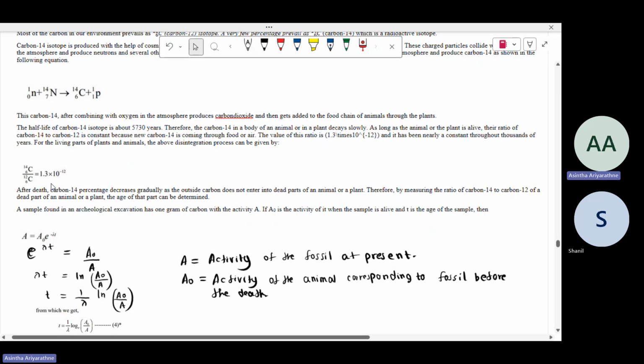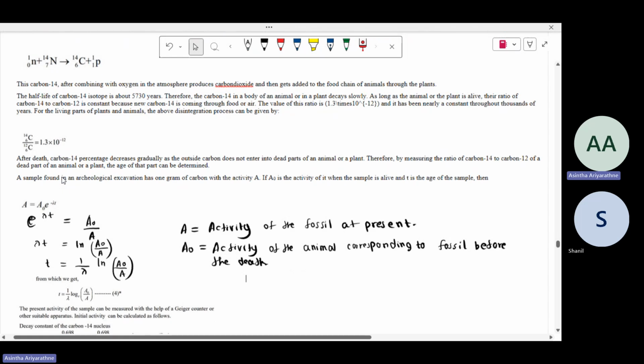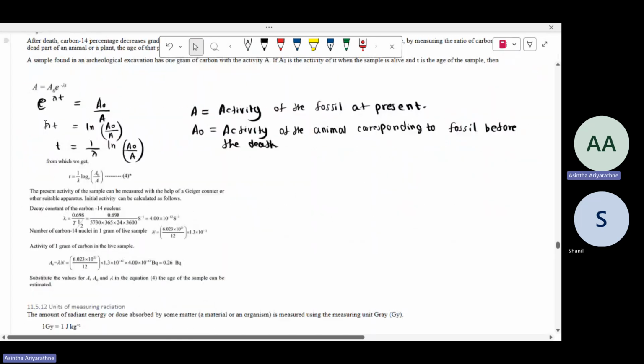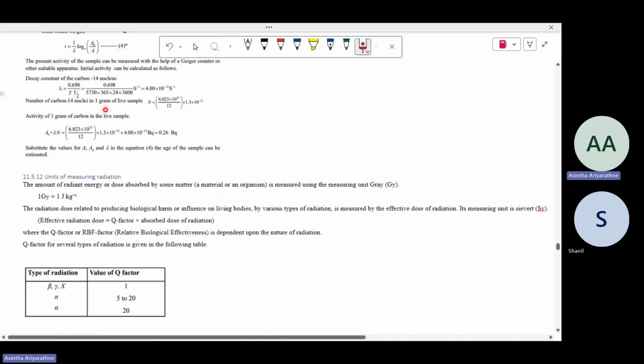We multiply 1.3 times 10 to the power minus 12 by the carbon-12 isotope to get the carbon-14 isotope. So here we can get the number of carbon-14 isotope in 1 gram of live sample. And the activity of 1 gram of carbon live sample is, we have N.